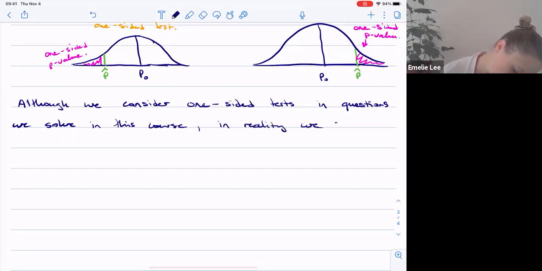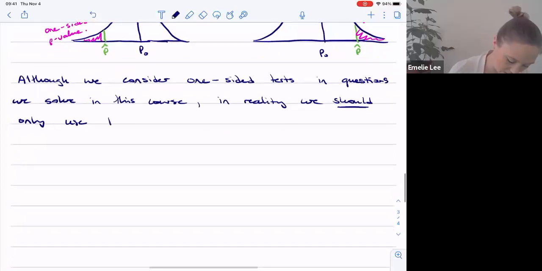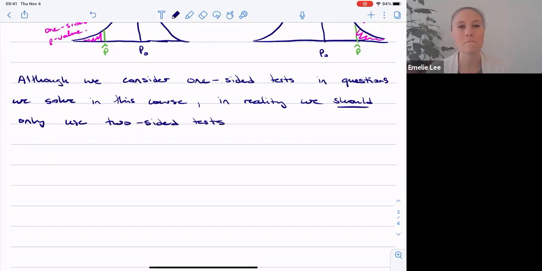In reality, we should only use two-sided tests unless there is some reason to completely ignore anything that happens on the other side, right?